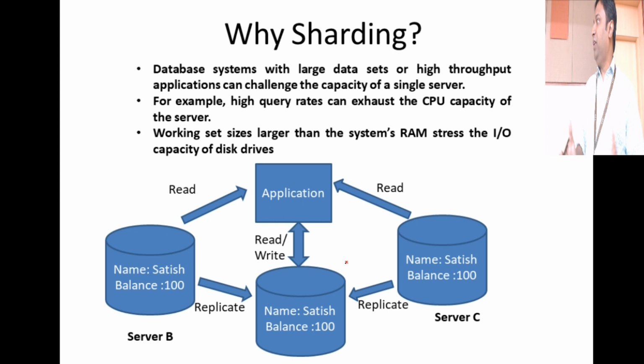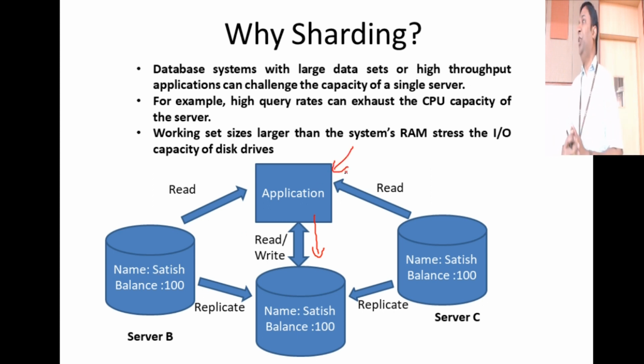What is sharding? Let me again take the application scenario we have learned. The application writes to the primary, you all agree, and data only gets copied to the secondary. Now there can be a situation wherein your data can grow to a very large extent. You keep on writing data and this can really be a strain on this one server that's running. So how do we handle that huge data that comes in?